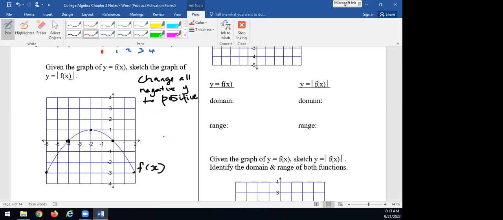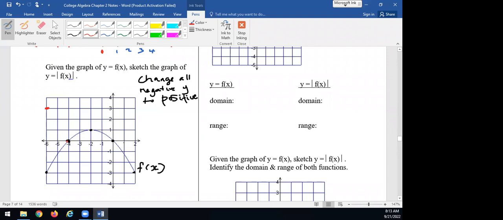That doesn't change. If y is already positive, you don't change it. Just change the negative y to positive. So what's happening here? At this point, we have -6, -3. What should it be? -6, +3, right? So that's where it will go.